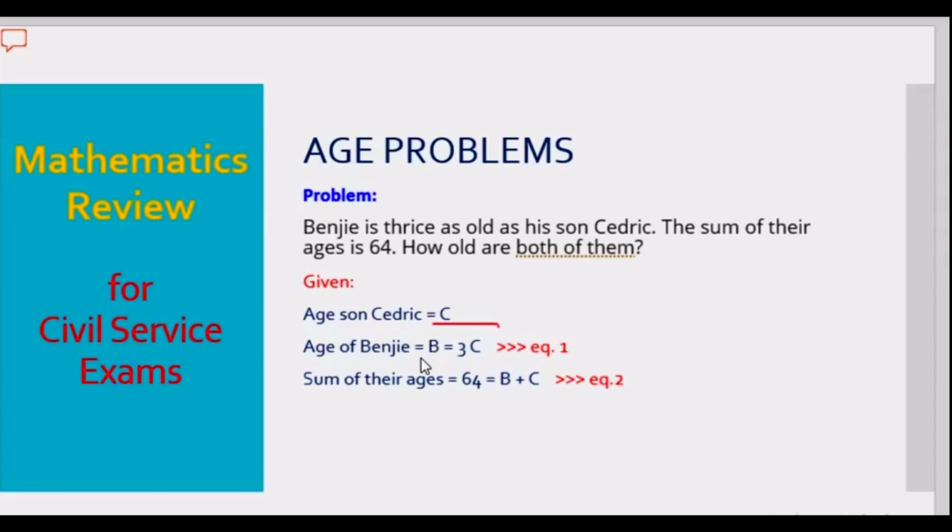So the assumption of Benji's age, B, is equal to 2C. So this will be now our equation number 1. One of the conditions in the problem is that the sum of their ages, B plus C, is 64. So this is now the equation written as this. So this will be now our equation number 2.